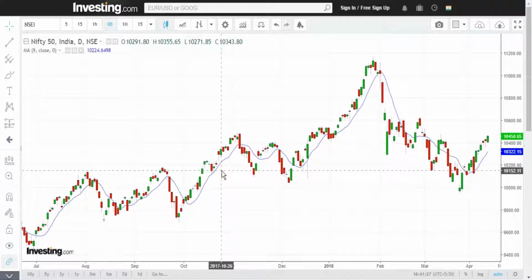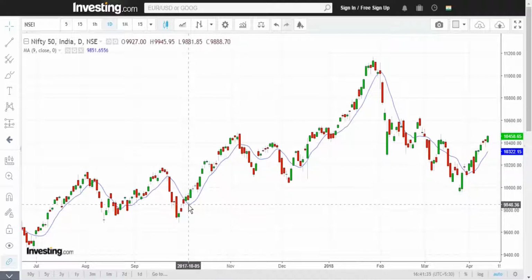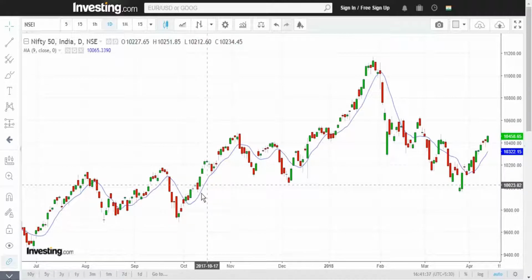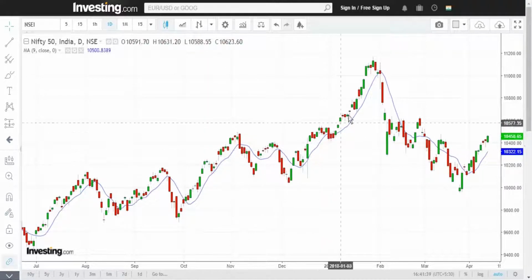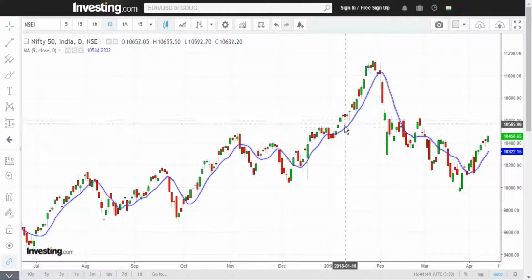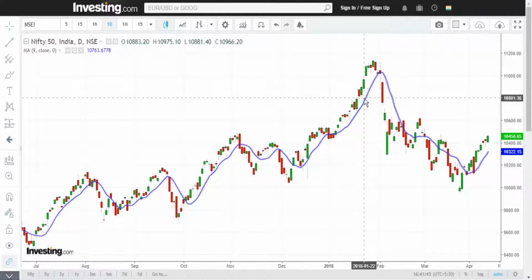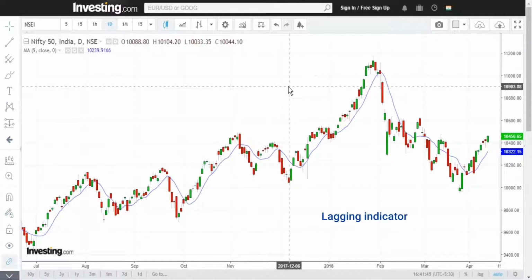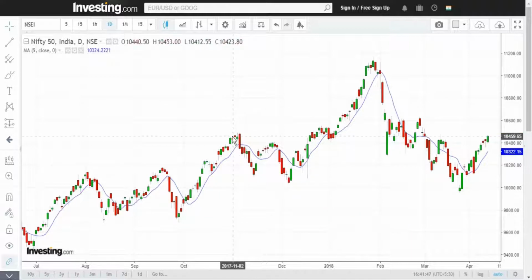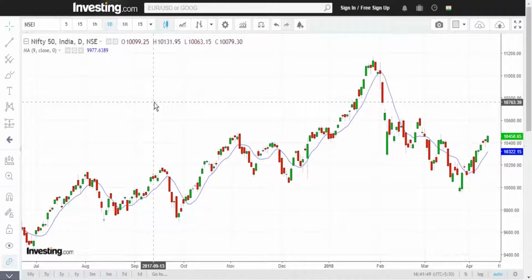But you can choose any particular value for calculating any moving average. A short-term moving average, as we can see here, the 9 period moving average, is very sensitive to the price movement and it closely follows the price, but it follows the price, and that's why it is a lagging indicator. It doesn't indicate a price movement prior to that.